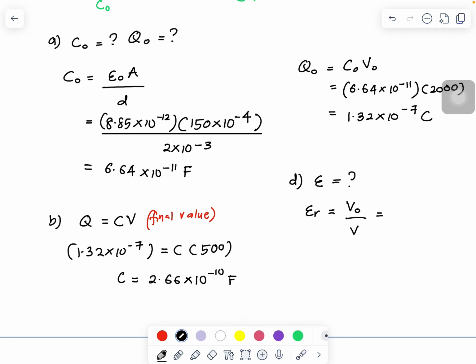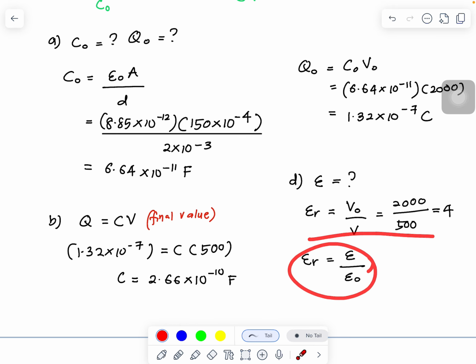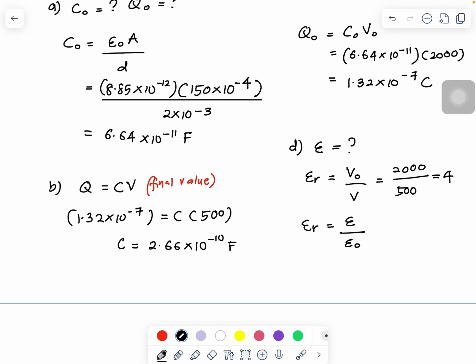So V naught is 2000, V is 500, so kita dapatlah epsilon r is 4. So since we already have epsilon r, kita boleh kira di mana epsilon r sama dengan epsilon over epsilon naught. Formula yang sama kita guna in the previous example.